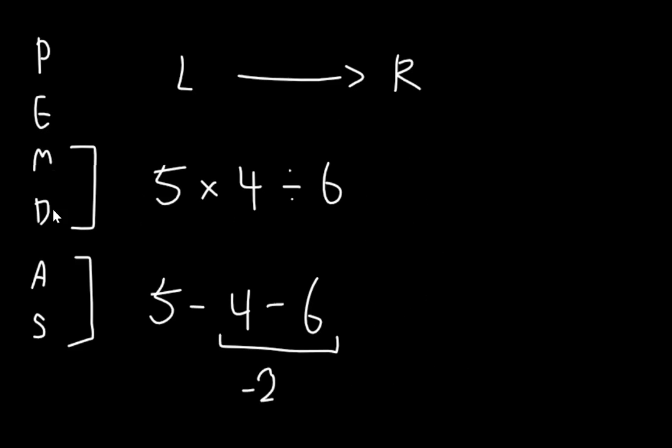I just wanted to point out that multiplication and division are at the same level. And let's actually look at the acronym and what it means. The first one, P, stands for parentheses, so you do whatever is inside the parentheses first, whether that be addition or multiplication.